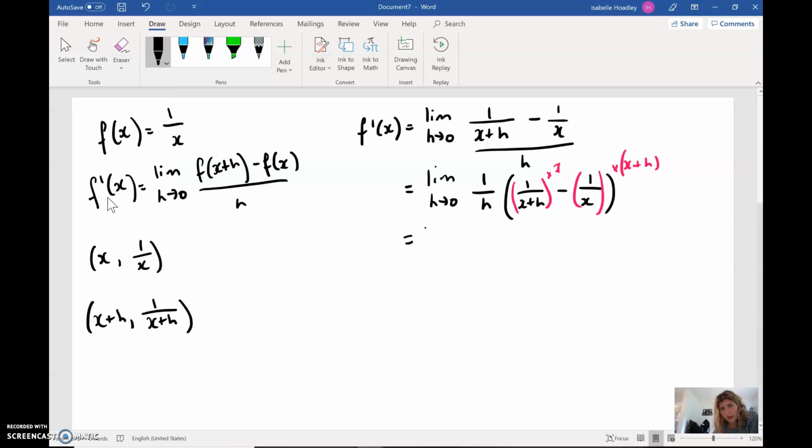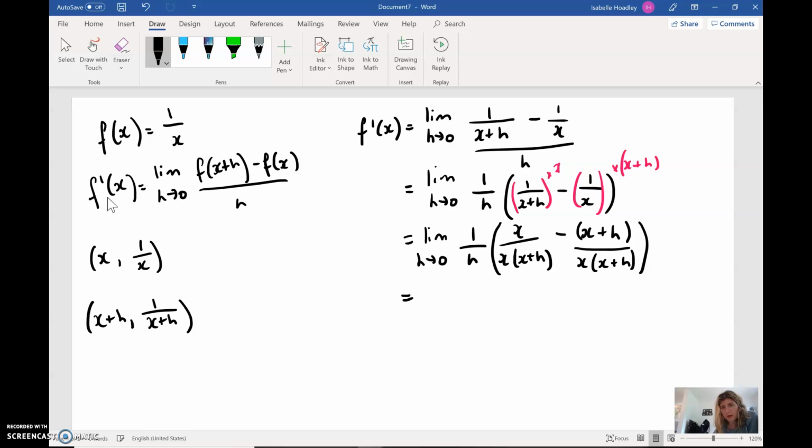So the limit as h approaches 0, 1 over h. If I'm timesing this by x, I'm going to be left with x over x bracket x plus h, minus 1 times x plus h is x plus h. Again, I'm going to put that in brackets because I know I'm subtracting that whole function, over x bracket x plus h.